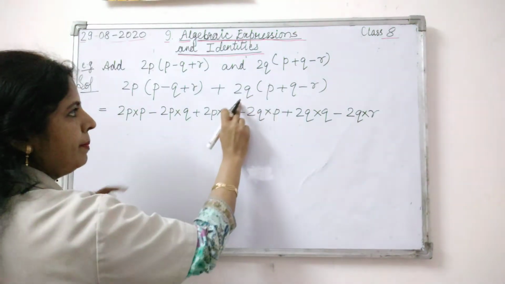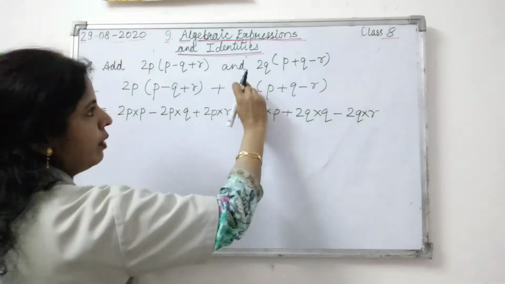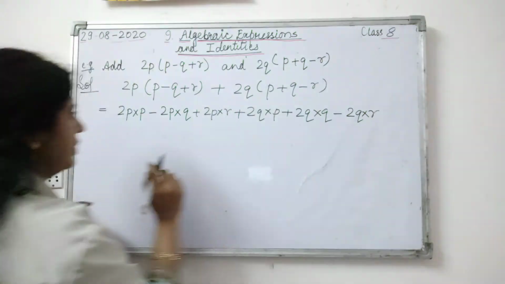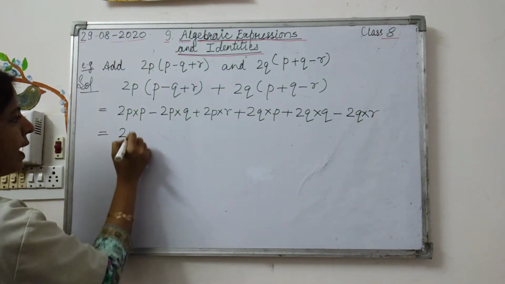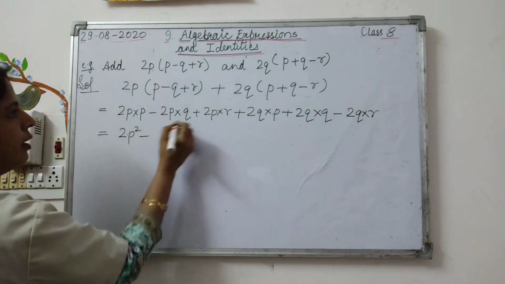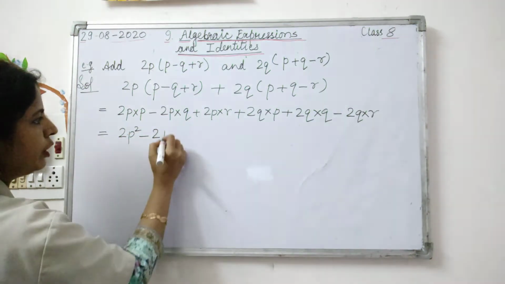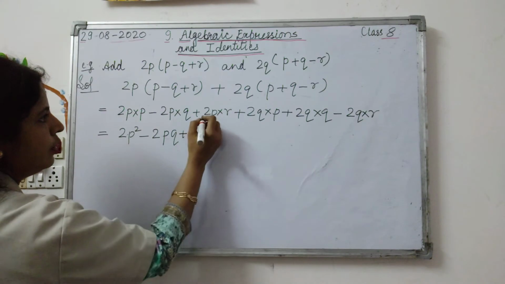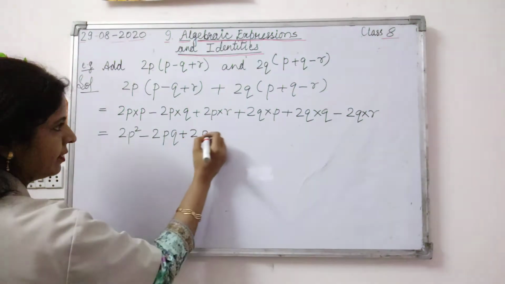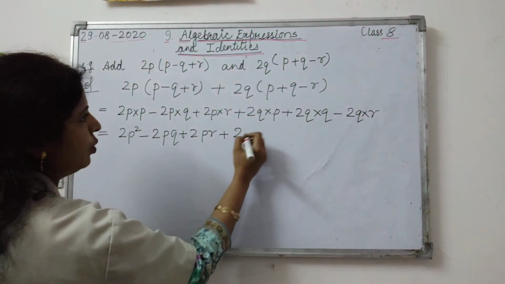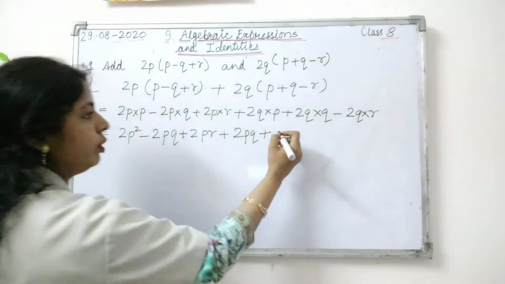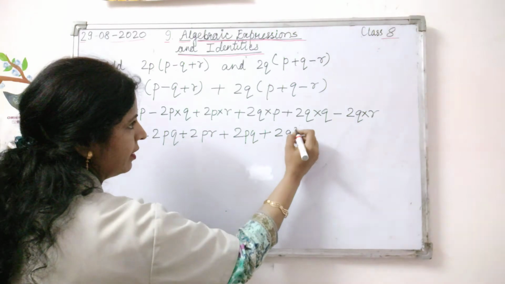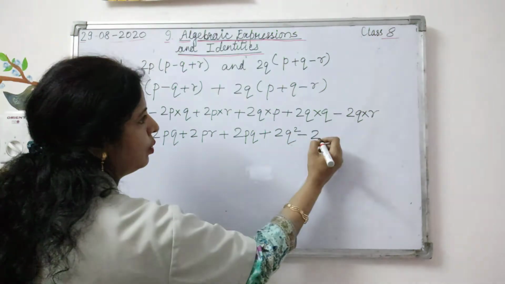That is, 2q multiplied by p, 2q multiplied by q and 2q multiplied by r. Here we will now write the simplified value: 2p square minus 2pq plus 2pr plus 2pq plus 2q square minus 2qr.